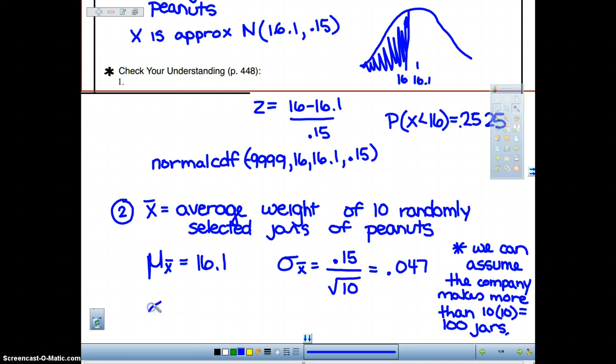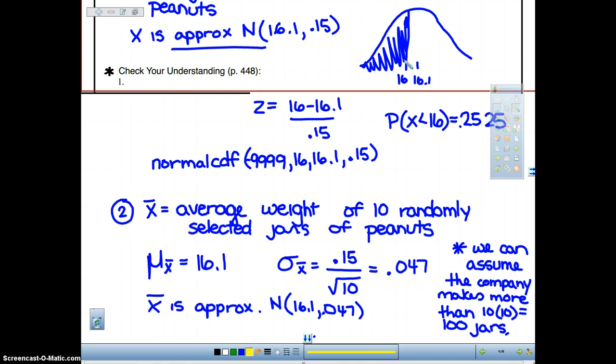So I know that X bar here, my sampling distribution, is approximately normal because my population was normal. So the sampling distribution is going to be approximately normal with a mean of 16.1 and a standard deviation of 0.047. Okay, notice that the mean is the same, but the standard deviation is smaller.